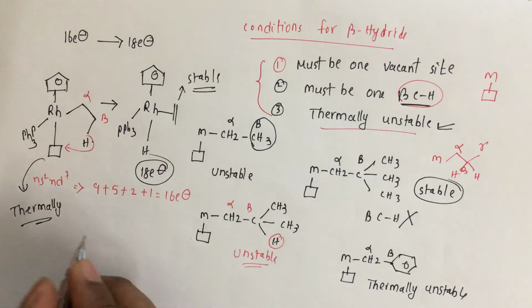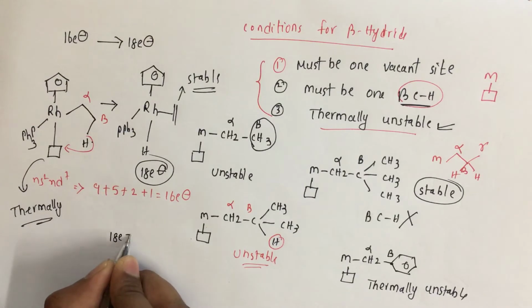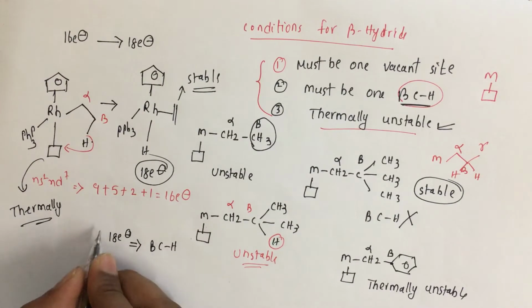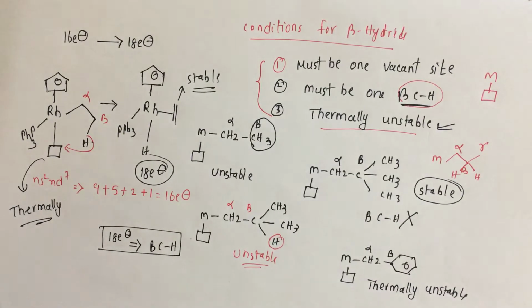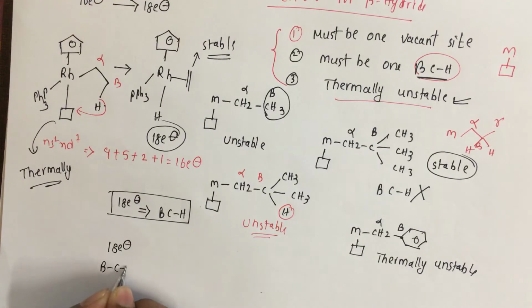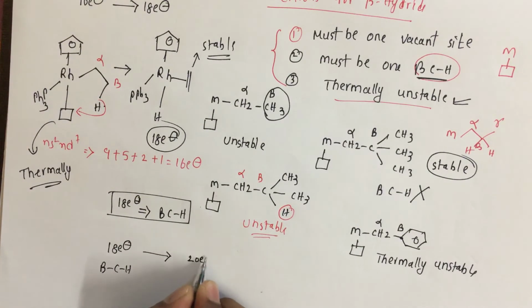One more thing, if an 18 electron complex is there and it has a beta hydrogen, what about the thermal stability? Imagine an 18 electron complex that has a beta hydrogen. If it undergoes beta-hydride elimination, it will become a 20 electron complex.